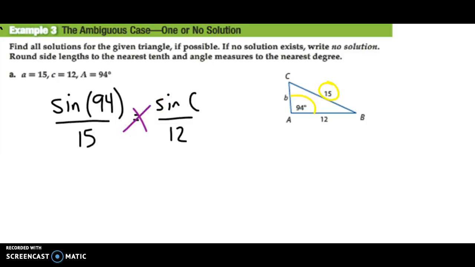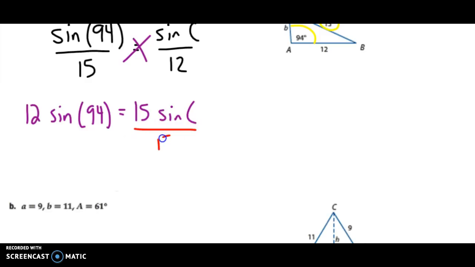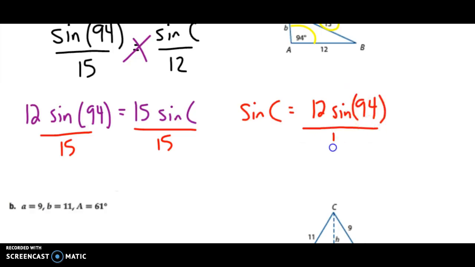Okay, we cross multiply, and we'd say 12 sine of 94 is equal to 15 sine of C. Now if I'm solving, I divide by 15, okay? And so I'd say sine of angle C is equal to 12 sine 94 all over 15.